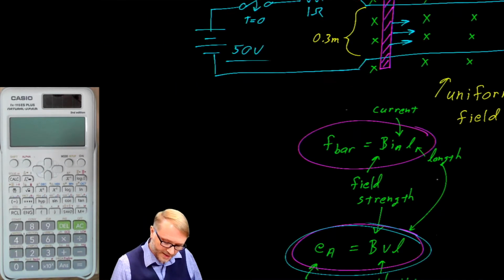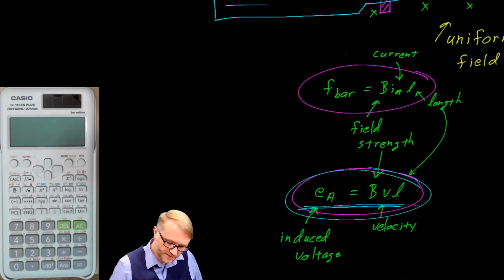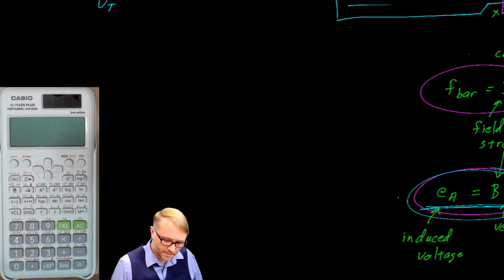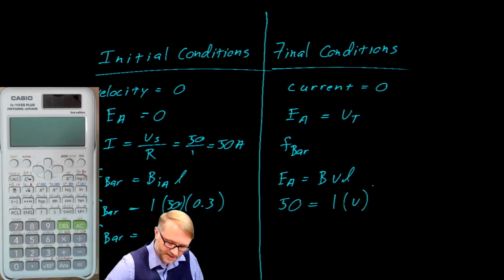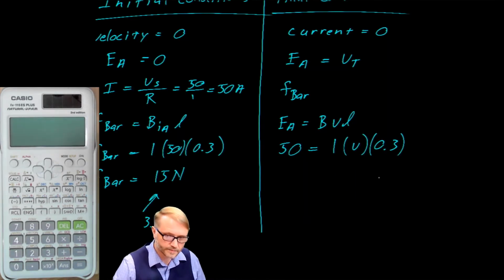If we go back and we pick up this equation here, the induced voltage is the B field by the velocity by the length. So the induced voltage is equal to BVL. We said the battery and the induced voltage must be the same. So our B field was 1 Tesla, our velocity is our thing of interest, and our length is 0.3.